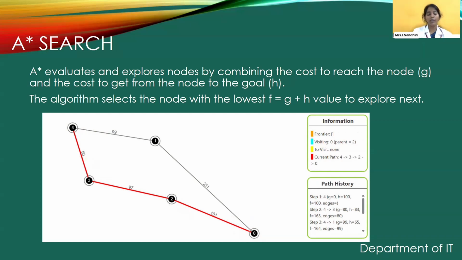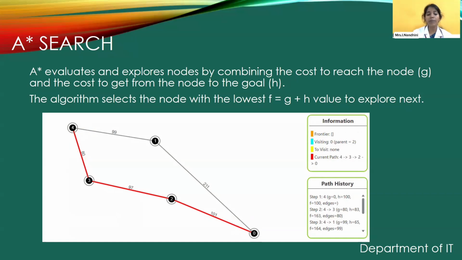So the start node is 4, the end node is 0. It will travel, and it also maintains the history of both the paths we are traveling and the path costs.